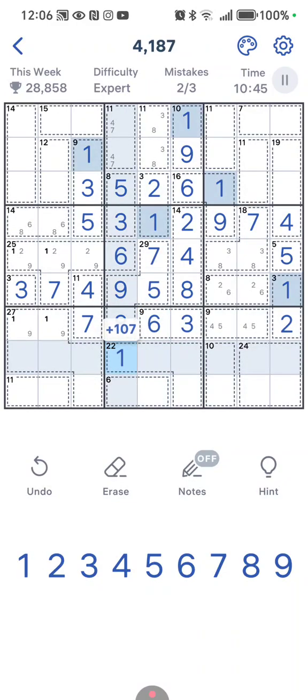Okay, we know this has to be 1 by the mistakes we've made. So this has to be 2. So 9? Okay, alright then. So we're getting somewhere.